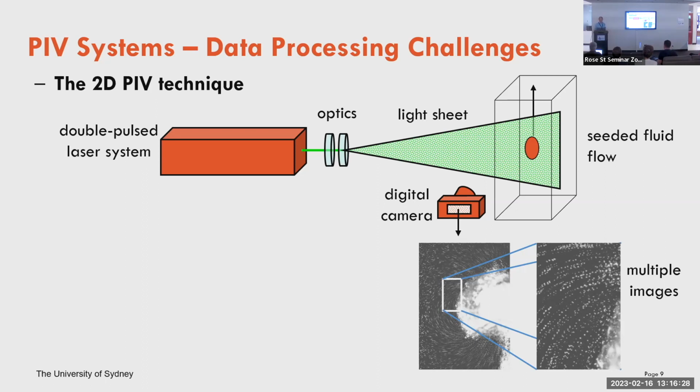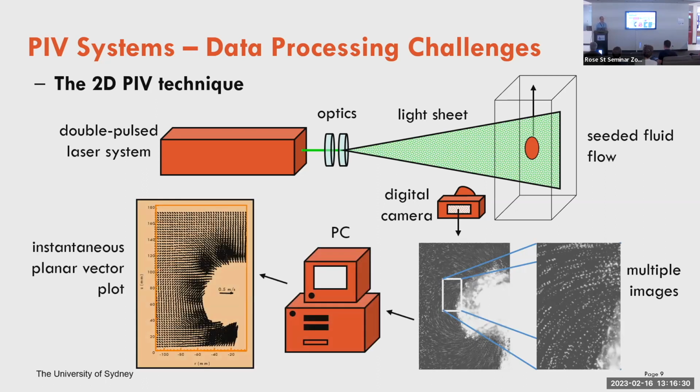And then you generally use some sort of correlation method or other image processing to output your vector map. And that's pretty standard, this is a two-dimensional PIV system.